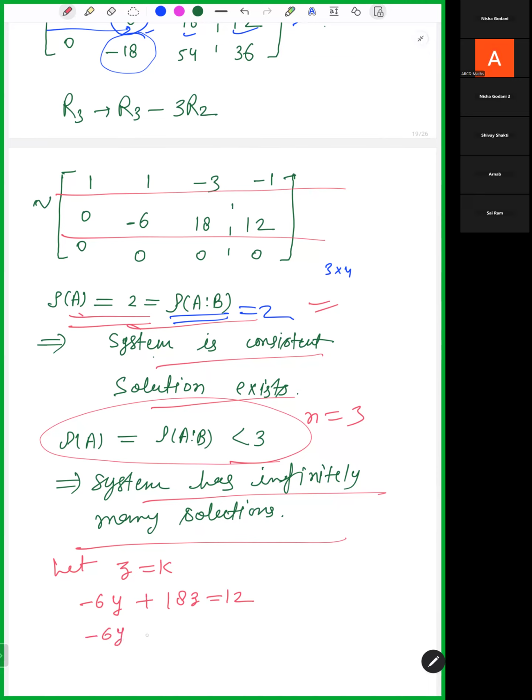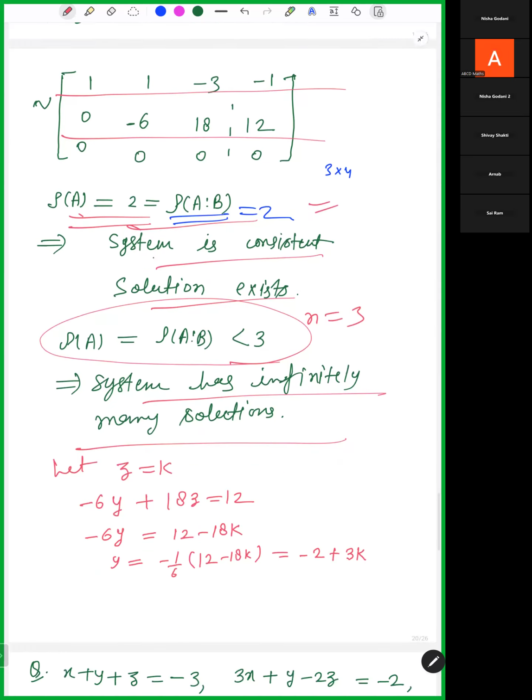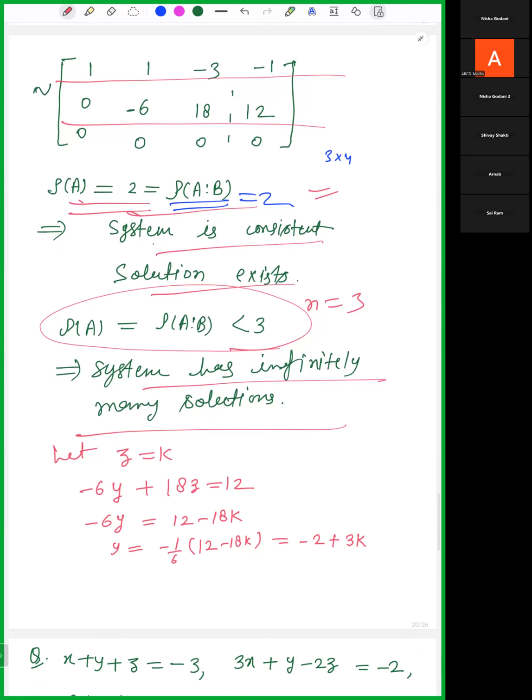Minus 6y equal to 12 minus 18k. So y will be minus 1 upon 6 times (12 minus 18k). Or if you divide by 6, you have minus 2 plus 3k. So you have y equal to minus 2 plus 3k. What is k? Any arbitrary constant, any number. Okay, k belongs to R.